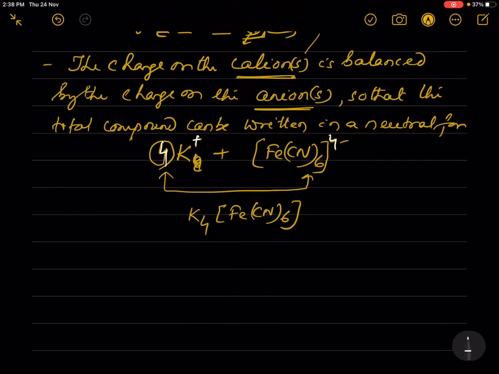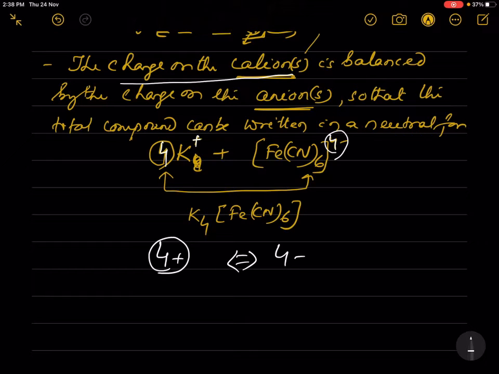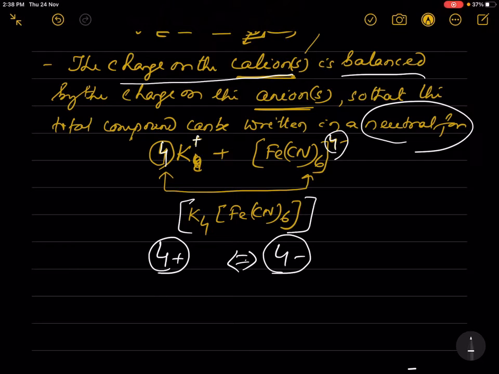Here it is 4 plus and here it is 4 minus. The charge on the cations is balanced by the charge on the anions, so that the total compound can be written in a neutral form: K4[Fe(CN)6].